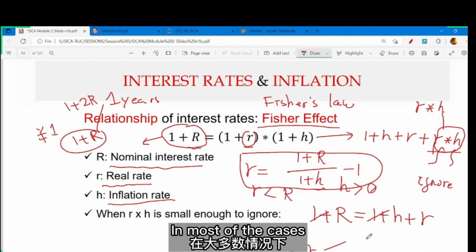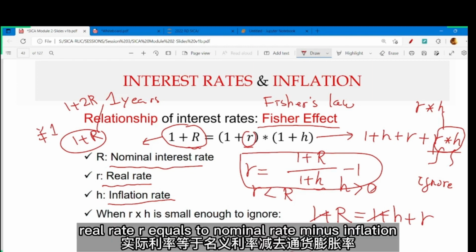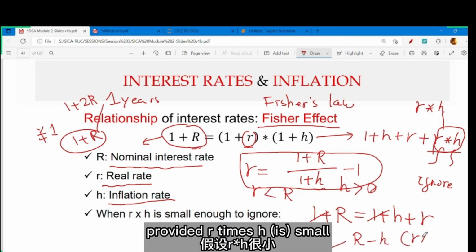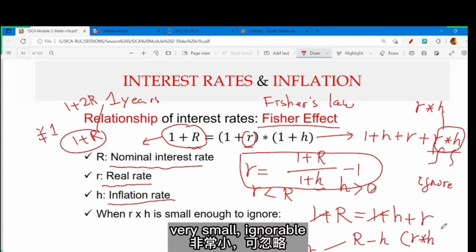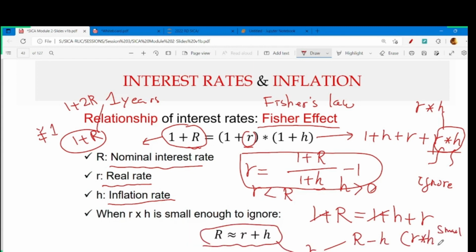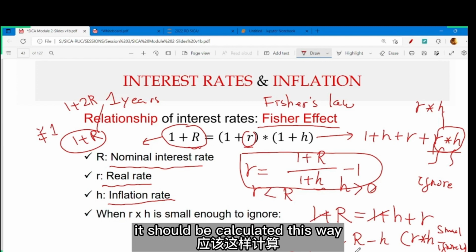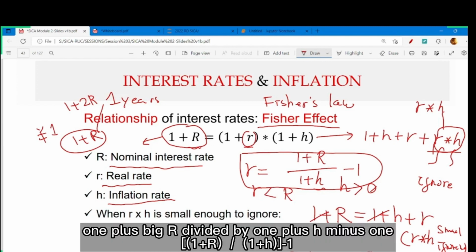In most of the cases, real rate r equals nominal rate minus inflation, provided r times H is very small, ignorable. In other cases, it should be calculated this way: 1 plus big R divided by 1 plus H, minus 1.